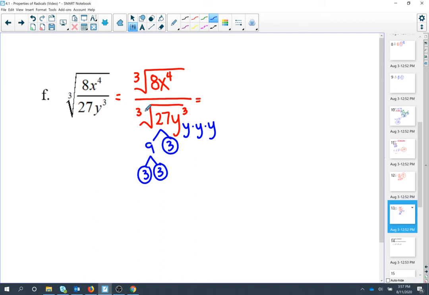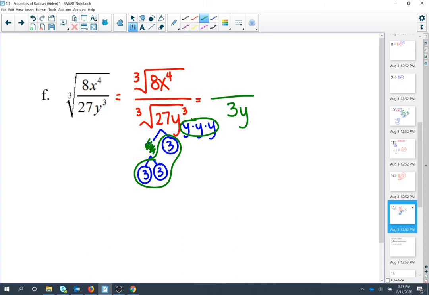We're dealing with a cube root, so we need groups of 3. There's a group of 3. And in fact, the cube root of 27 is just 3. The cube root of y cubed is just y. So our denominator is 3y. The cube root is gone because everybody got out of jail. Remember, you can't use this 9 because you broke it down into 3's.